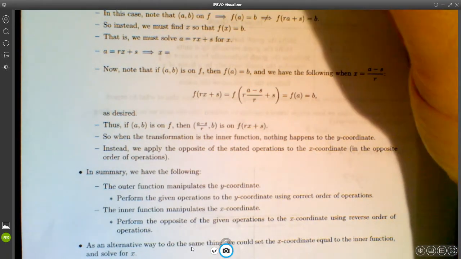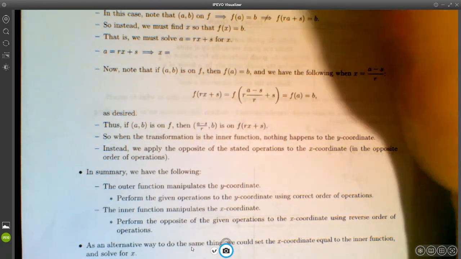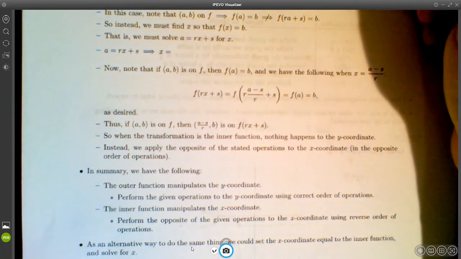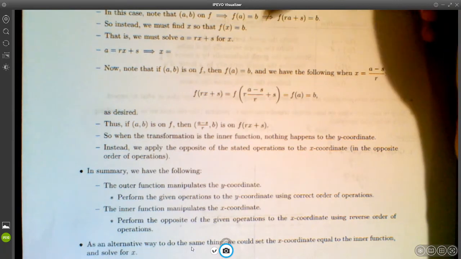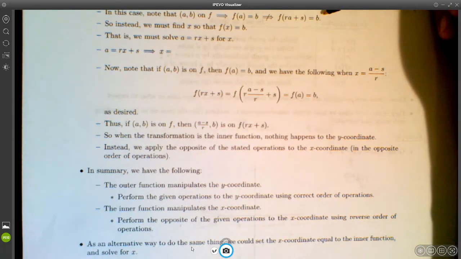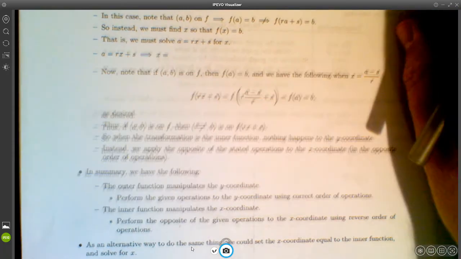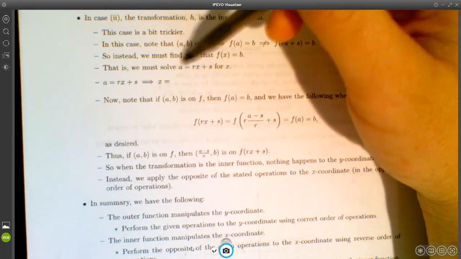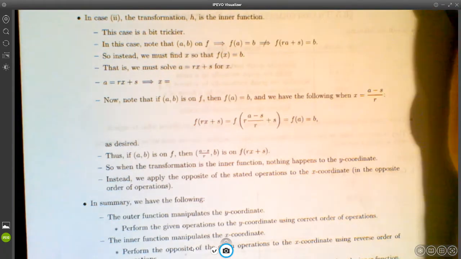Note that if h is the inner function and if a, b is on f, that would imply that f of a equals b, but that doesn't mean f of ra plus s equals b. So instead, what we have to do is find x so that f of x equals b.